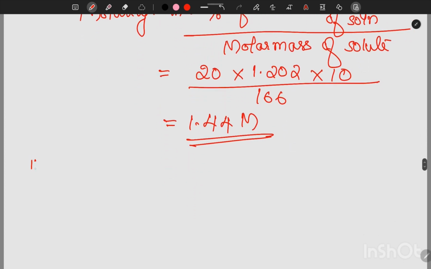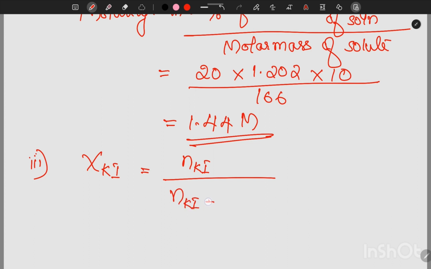Then third part of the question, calculate mole fraction of potassium iodide. For that, mole fraction is equal to number of moles of potassium iodide divided by number of moles of potassium iodide plus number of moles of water. Solution means solute plus solvent.